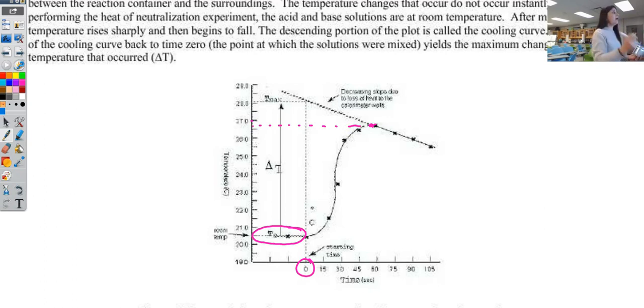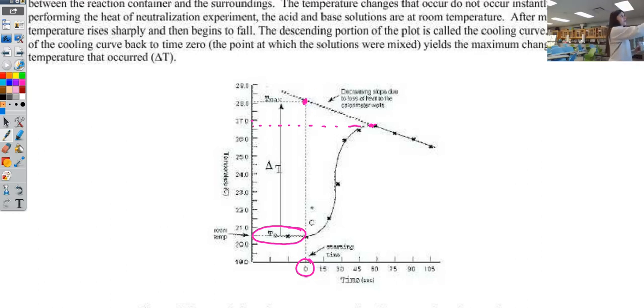But because there is loss of heat to the calorimeter, to the parts of the calorimeter, if you extrapolate and you come back, you draw a straight line from where it starts decreasing here. So once it reaches its max, you keep on recording after that. And if you do that, then what you should see is you want to get your temperature at time zero.